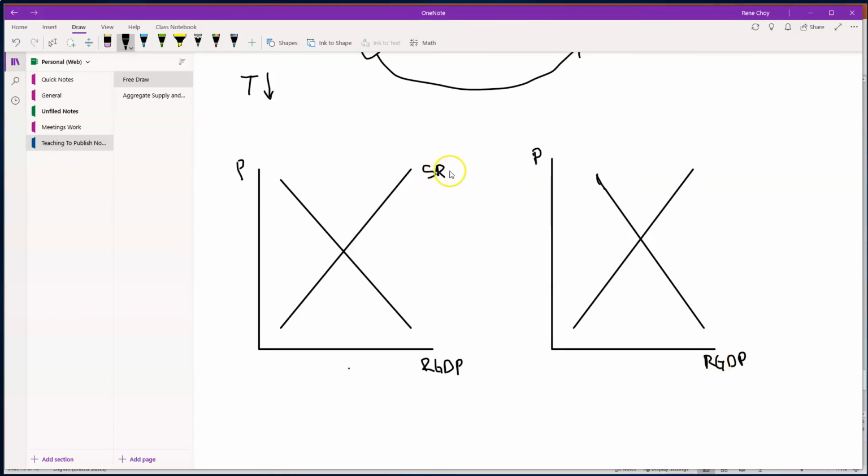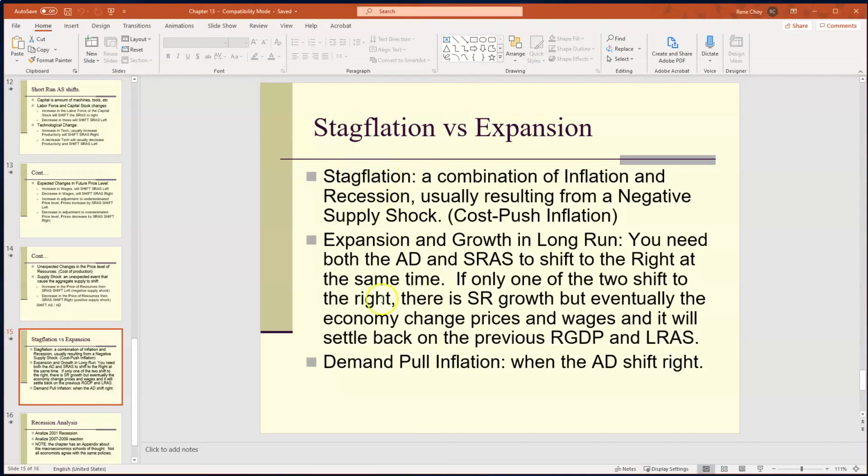That's my short run aggregate supply. This is my aggregate demand. My short run aggregate supply and my aggregate demand. All right, so first let's talk about a situation of stagflation.